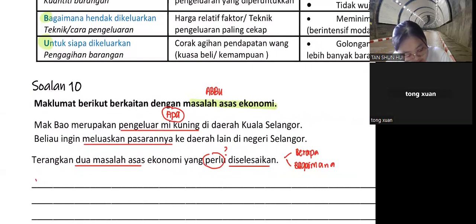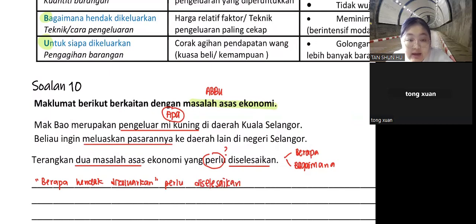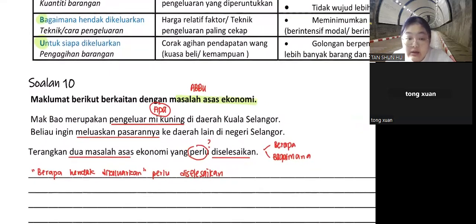So you can say, berapa hendak dikeluarkan perlu diselesaikan. But for 4 marks, you need explanation. So you can tell me either why they need to solve it, or how they solve it. How do we solve berapa?